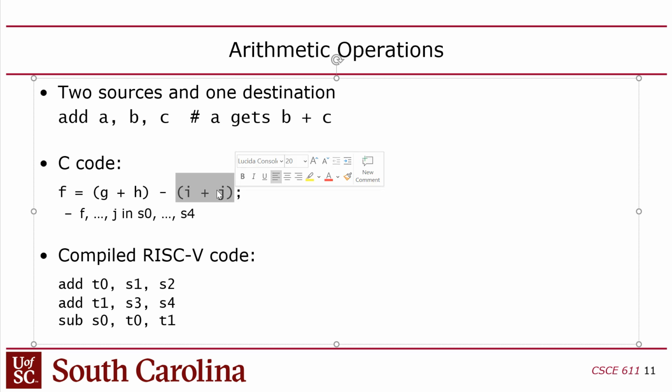Those sub-expressions are intermediate values that need to be temporarily held in registers themselves. So basically, you have to use registers to store values that aren't necessarily corresponding to a variable in your high-level code. Generally use the T registers for this.